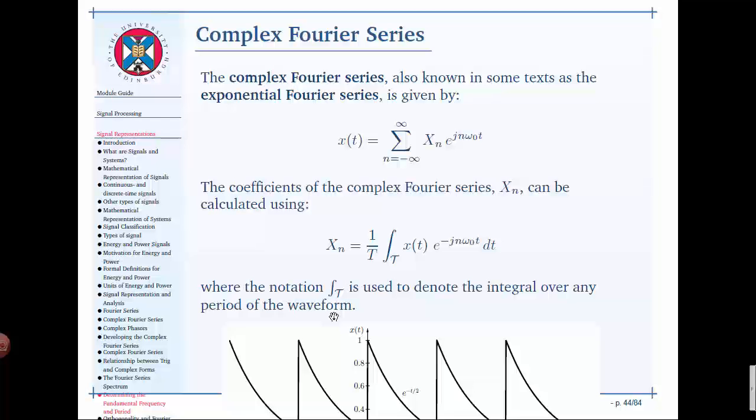Is there going to be a case where the regular Fourier series is preferred over the complex Fourier series, or vice versa, apart from the maths of it? Yes, occasionally. One example would be if you've got a very specific signal, a real signal that is even, so it only consists of cosine terms, then you might prefer to evaluate the trigonometric Fourier series because you know all the sine terms are equal to 0.